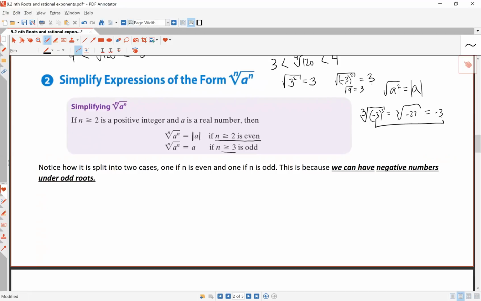You start with -3 and you get -3. So it's split into two cases, if n is even and if n is odd. And this is all because we can't have negative numbers under even roots, but we can have negative numbers under odd roots.